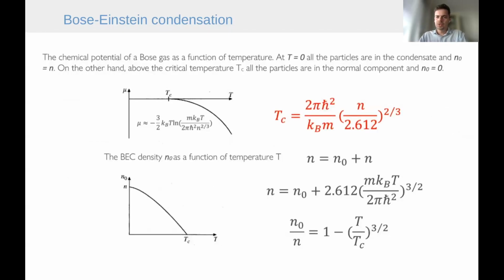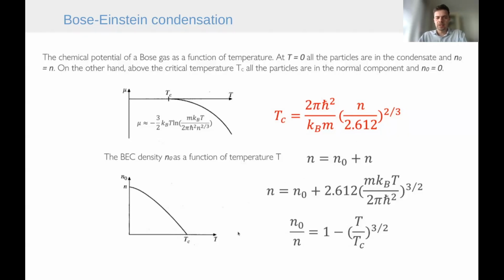So if we go below the critical temperature for a given density, we will see that the total density will be composed of two parts. There will be the density of the ground state, or number of particles in the ground state, and there will be a number of particles in all the excited states.